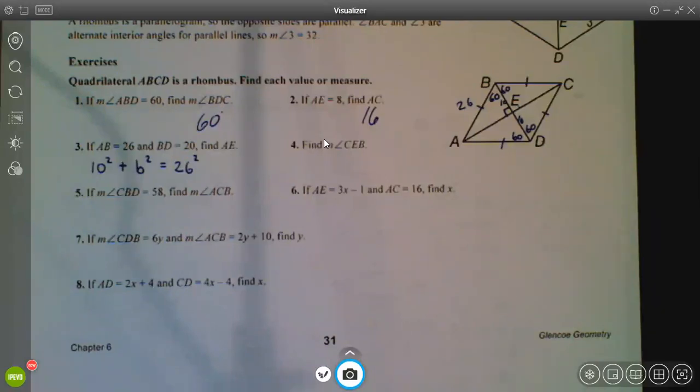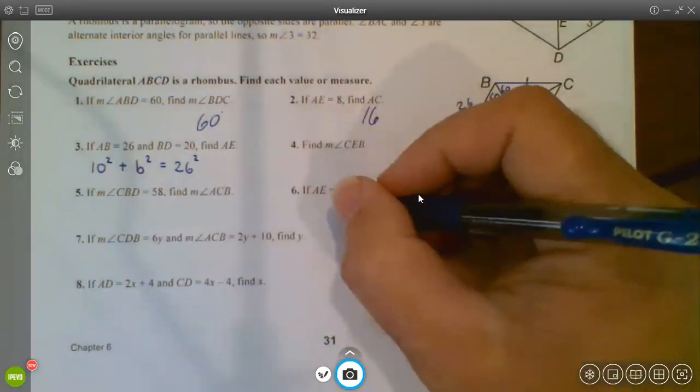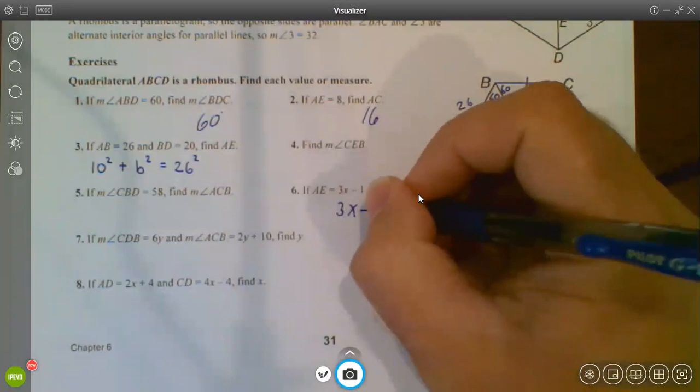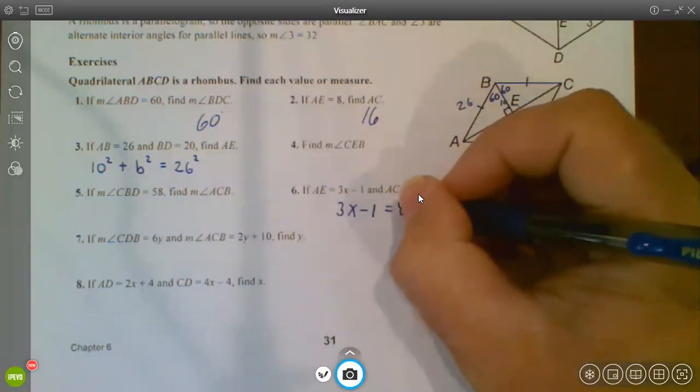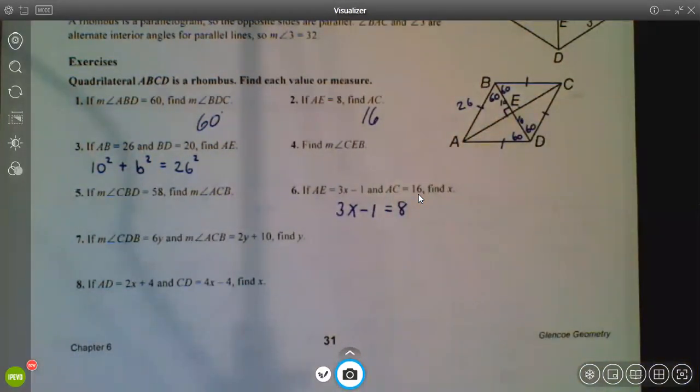Real similar to something we talked about right here. So if this whole thing is 16, then I know that each half of that is 8. So I know that AE is 8 units based on this. So we know that AE, which is 3x minus 1, equals 8 units.